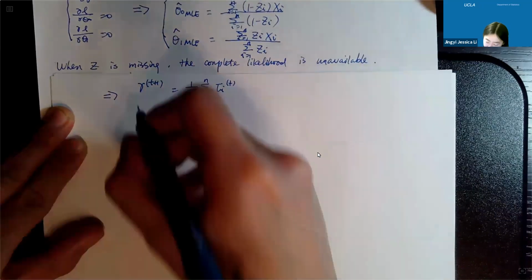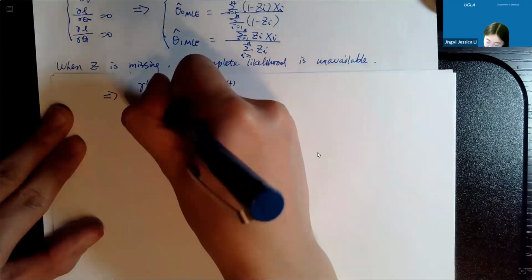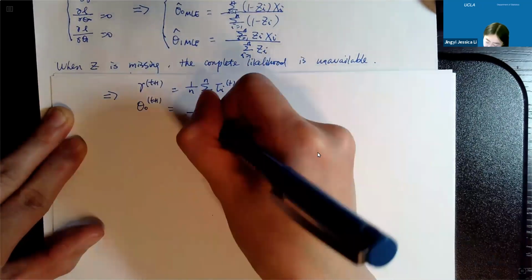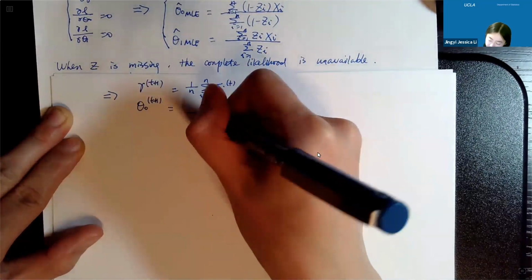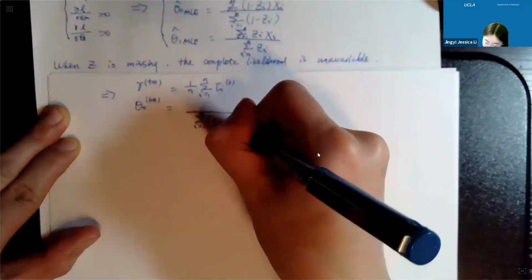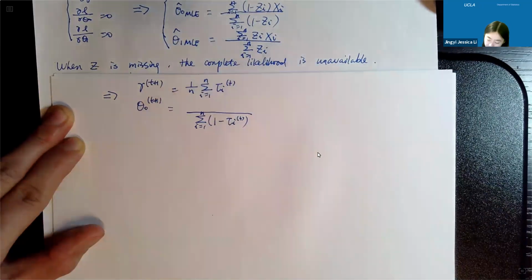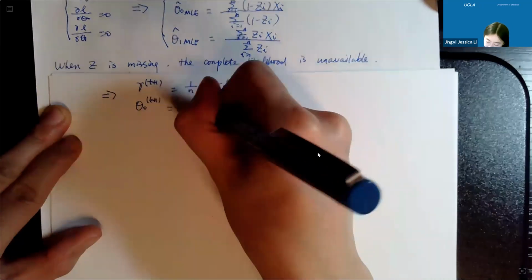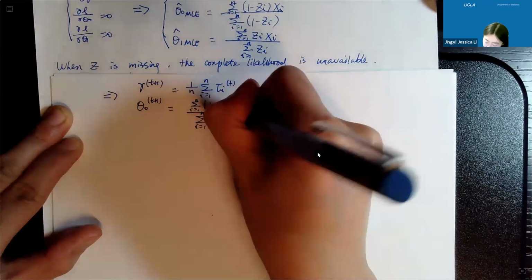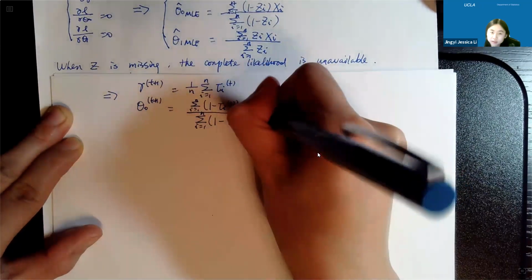And for theta 0 t plus 1, I'm going to update it as a ratio: in the denominator, summation of 1 minus tau it; in the numerator, summation of 1 minus tau it times xi. That's for theta 0.